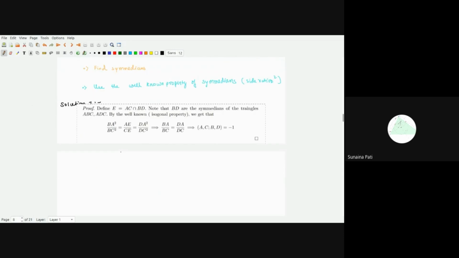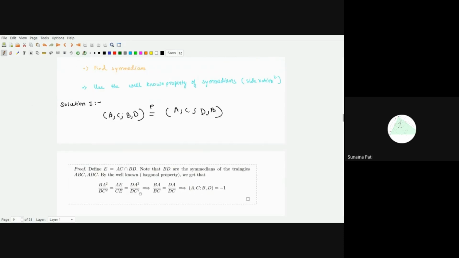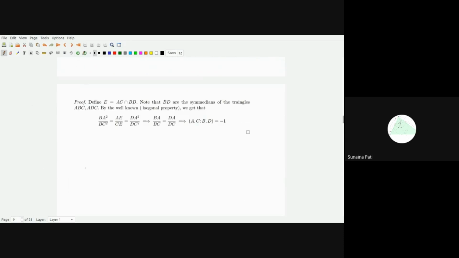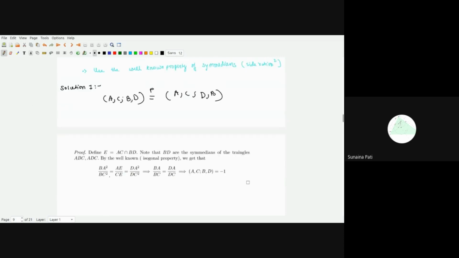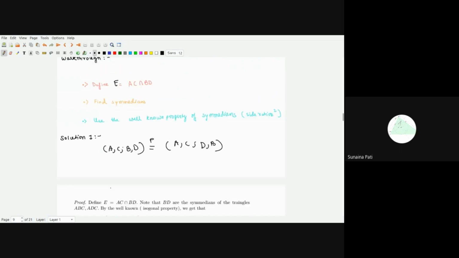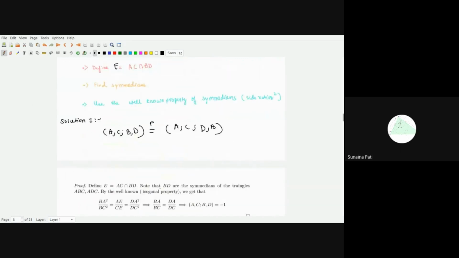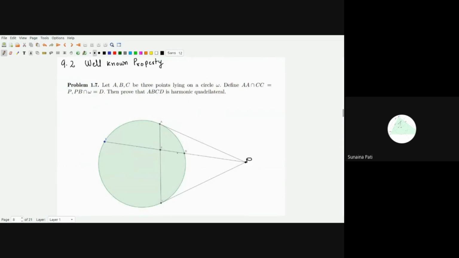It covers the basics. I think this is the proof in the EGMO book, if I'm not wrong, or no, this one was in the analogy, my bad. Anyways, you define the point E, and then you note that BD is the symmedian for both triangles ABC and ADC.